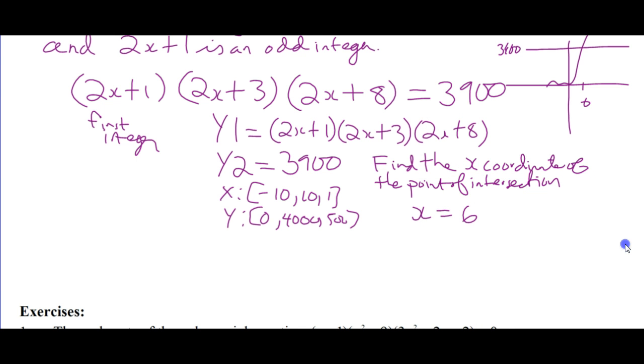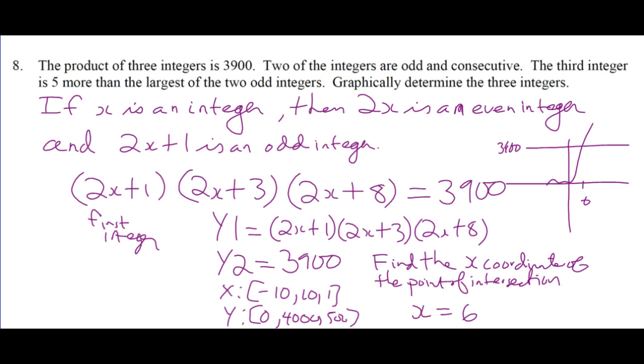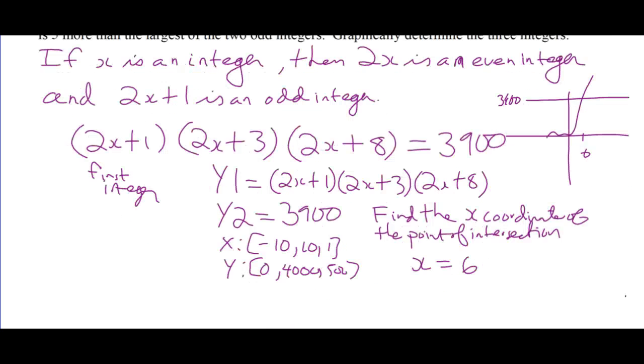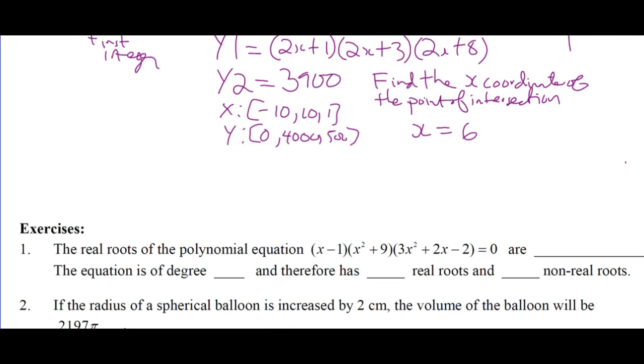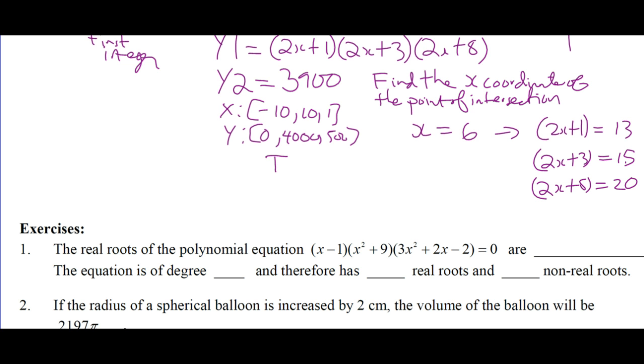Okay. Now, what did the question actually ask? Graphically determine the three integers. So we know x is 6. What are the three integers? Okay, so if x is 6, 2x plus 1 is 13, 2x plus 3 is 15, which are consecutive odd integers, and then the third integer is 20.